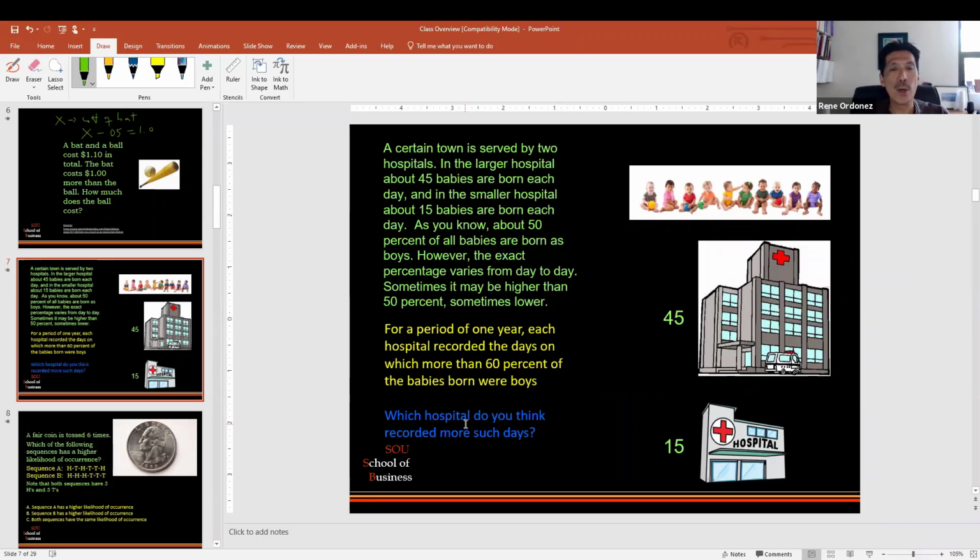The question is, which hospital do you think recorded more such days, meaning recording more than 60% in a day, 60% boys or 60% girls? Which one, the smaller hospital or the larger hospital?